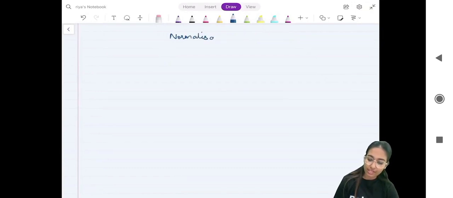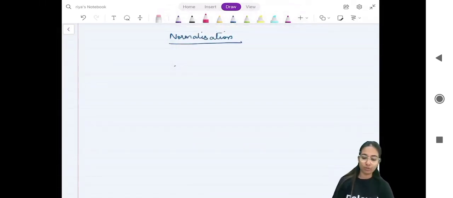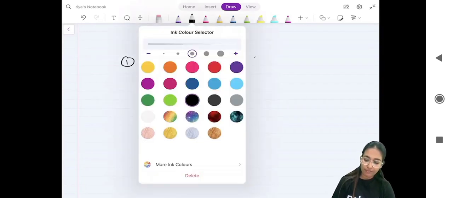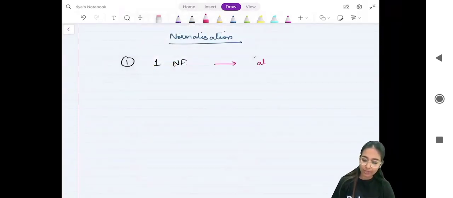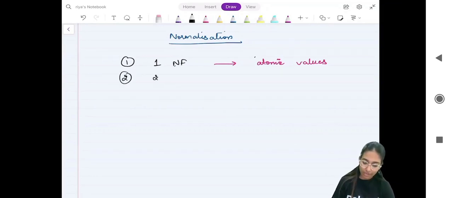Okay. So just to reiterate, we've basically introduced normalization so that the redundancy and the repetition in the code is kept to bare minimum. We first talked about the first normal form where every value should be atomic, right? There should be no multi-valued and composite attributes allowed. Second was 2NF, right?